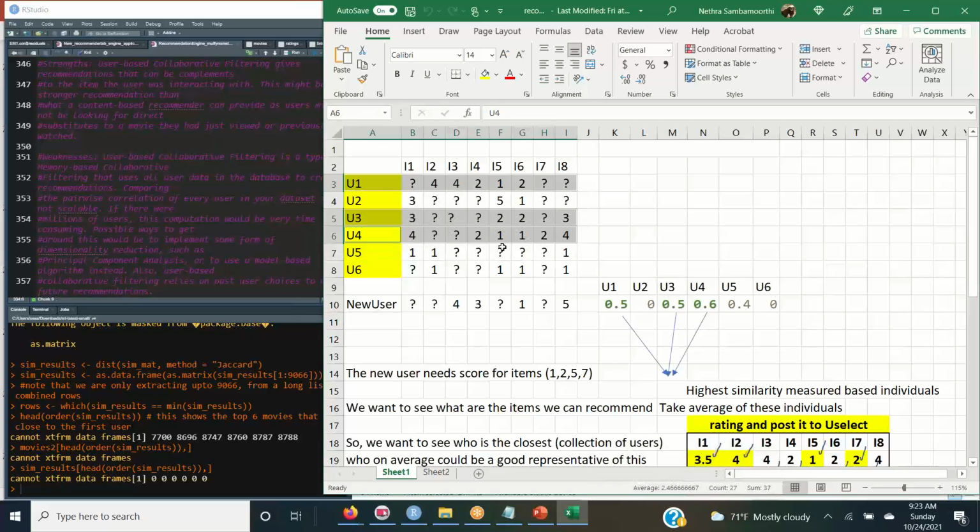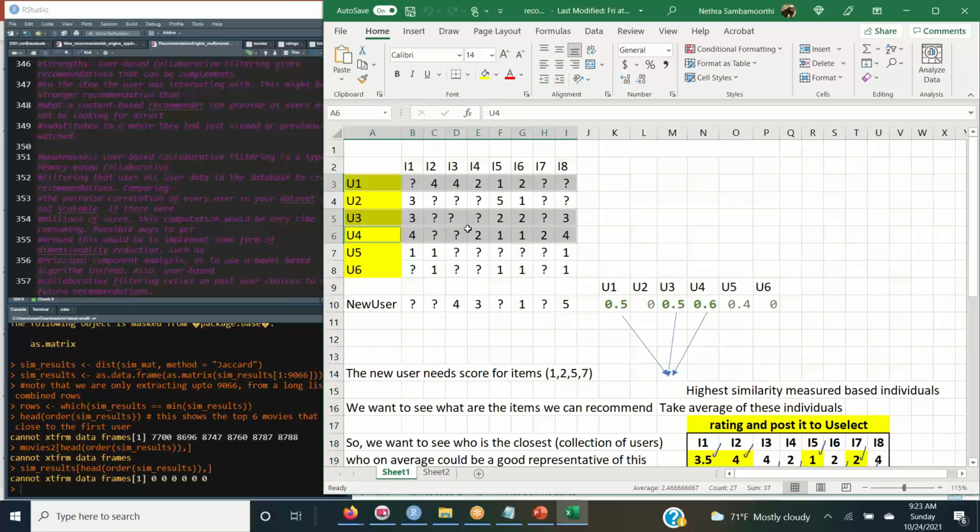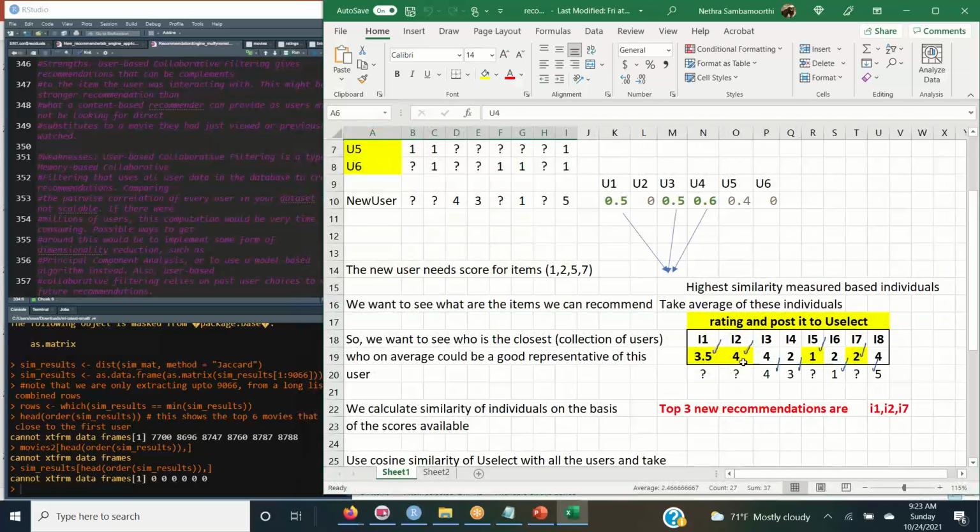We take these people and average it. When I average their scores for each of the products, this is the score I get. What we want to solve is I1, I2, I5, I7. Out of that, what are the top 2 or 3? In this case, this one and I7.